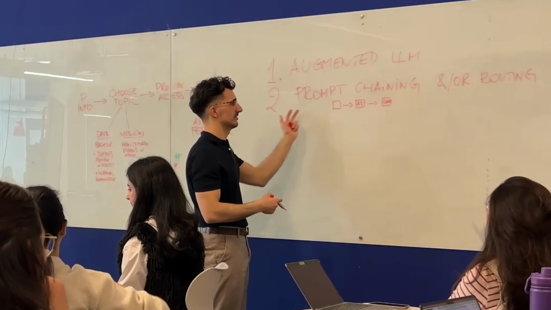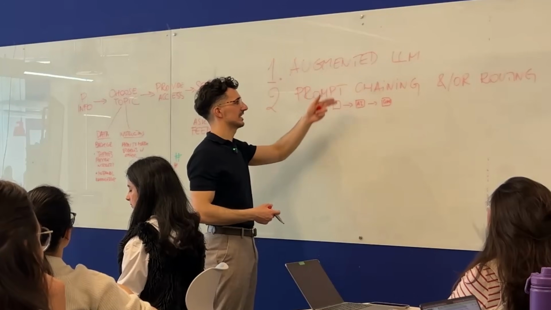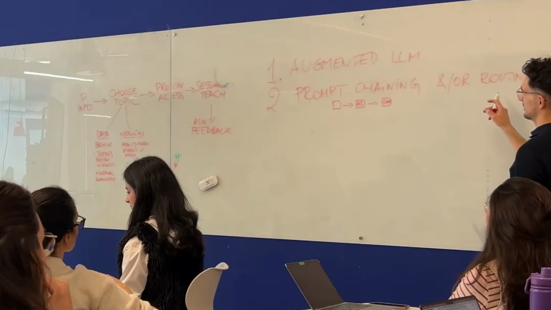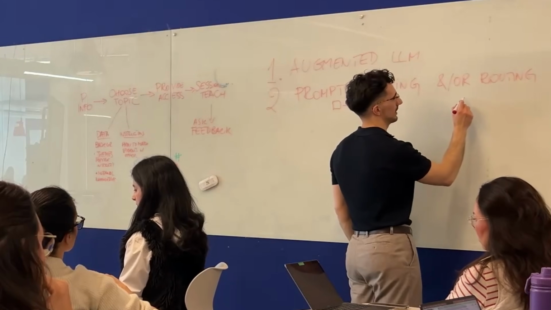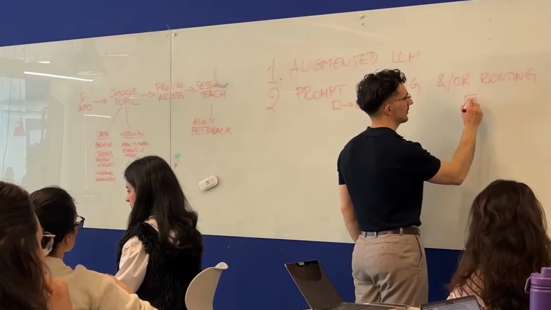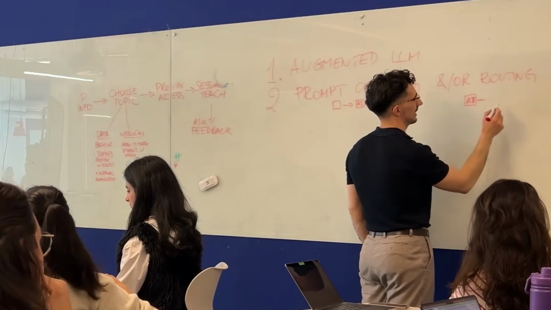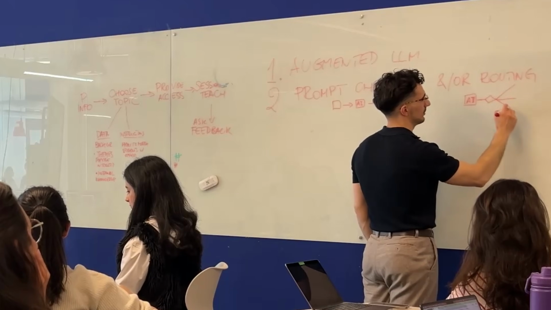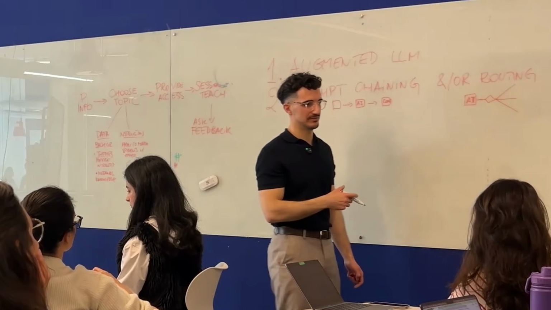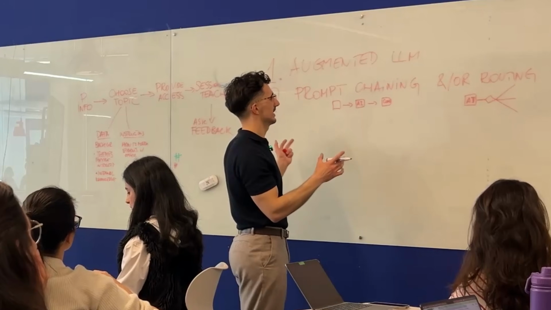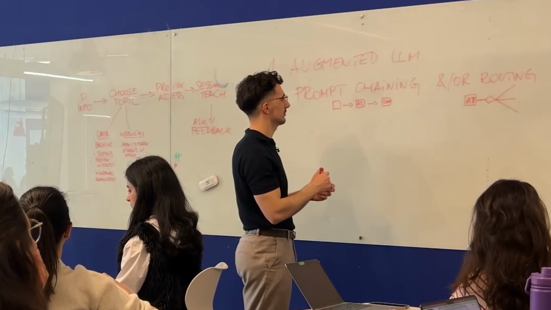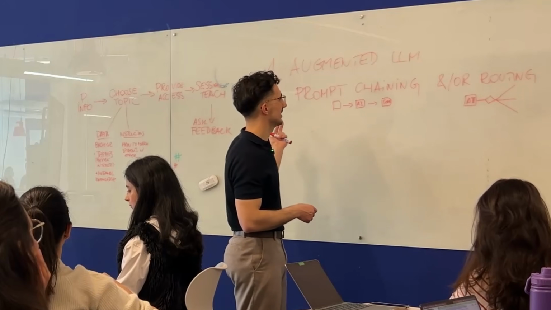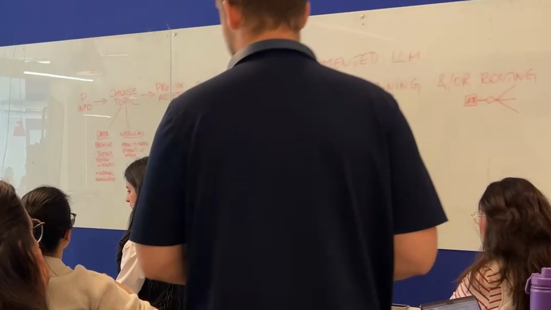This can be more useful, of course, than just a single call. And then I can do things like routing. I have an AI call that gives me an output, and based on that output, I go in different directions. Maybe these are basic or intuitive concepts, but they still work really well in most cases where you don't need to overcomplicate things.